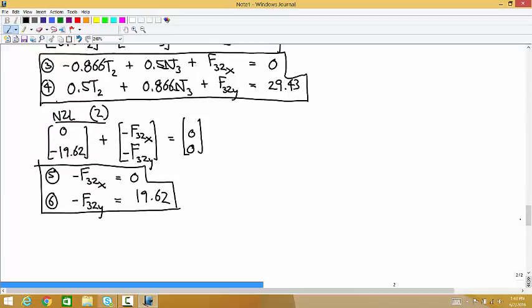Every column is going to represent a variable, and every row is going to represent an equation.